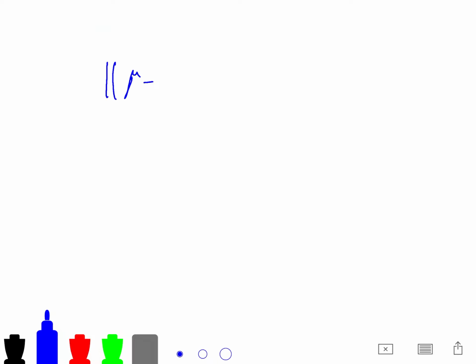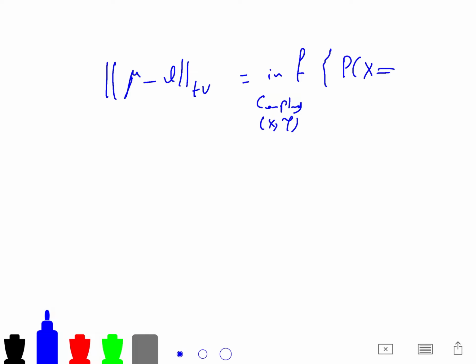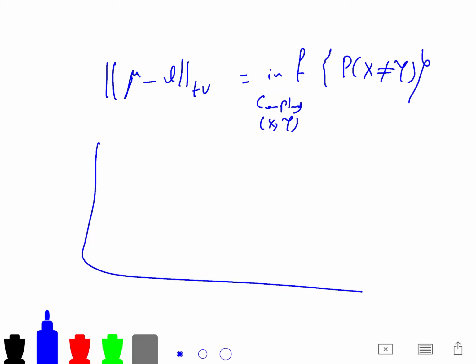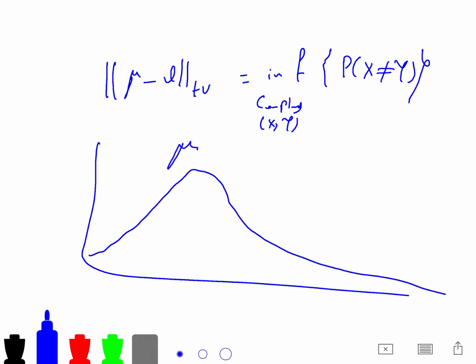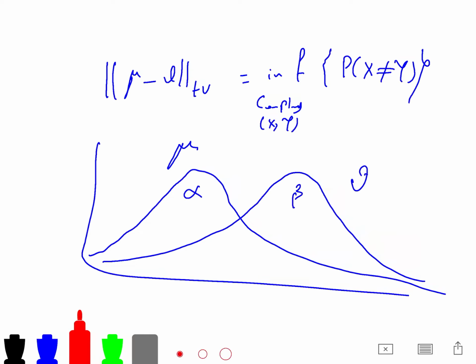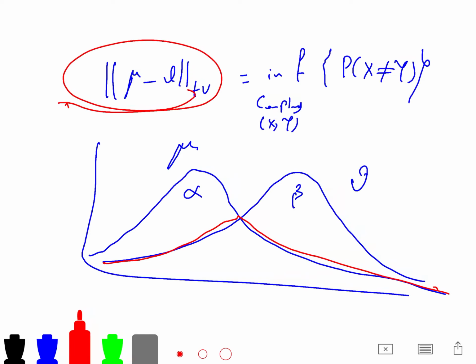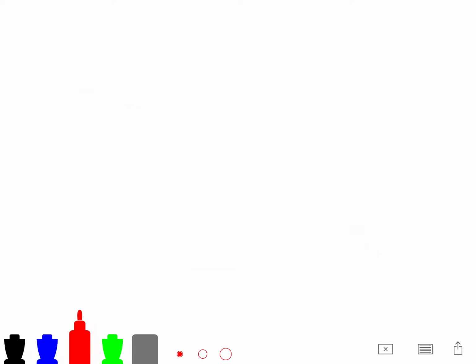There is a lemma that says that mu minus nu, the total variation, is the infimum over couplings X and Y, as I said, of the probability of X not equal to Y. So always we want to see the discrepancy. For example, mu is here, another distribution is here, for example, this is alpha, beta, and so you can see what is mu minus nu.